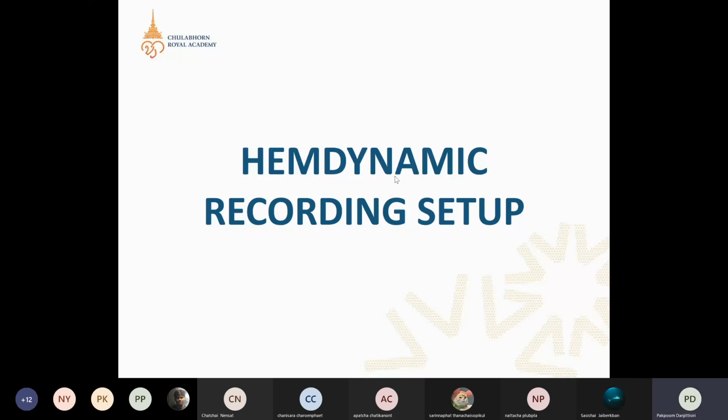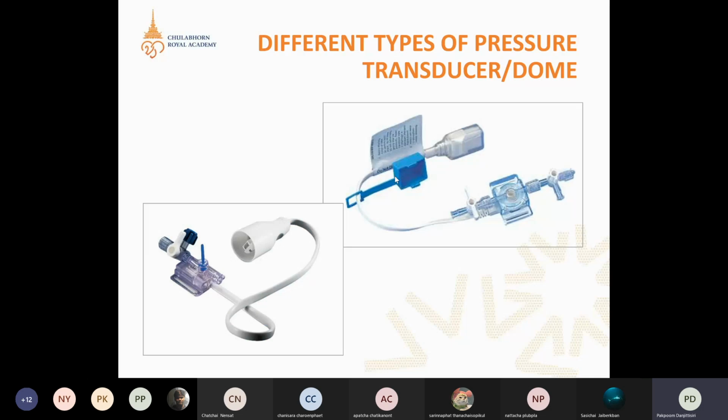Before we can collect the correct hemodynamic information or data from recording in the cath lab, you have to make sure that you set up the hemodynamic recording correctly. In the cath lab, you will have equipment to collect the data, called pressure transducers.